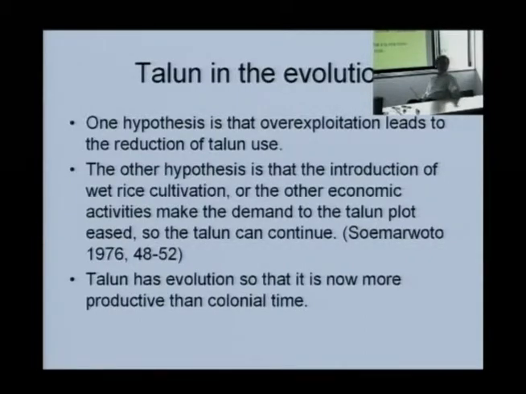People abandon the Tarun or swidden agriculture. But the other hypothesis is that swidden agriculture became productive. Swidden agriculture has evolved so that it can supply the people with more food. That is another possibility. Maybe the fact is a mixture of those many alternatives.